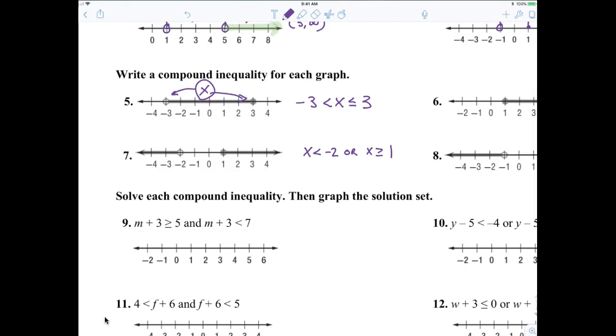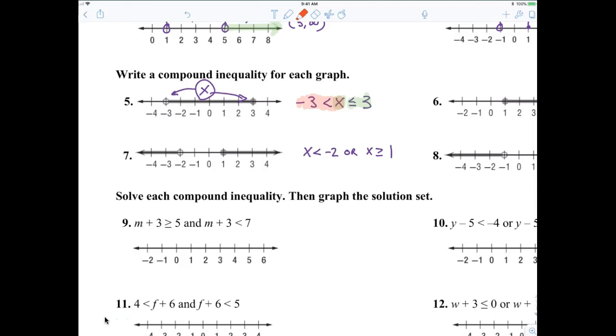So when you write it that way, and I'm reading it, I read the variable. That's what I was trying to teach you yesterday. Read the variable first. So this says x is less than or equal to 3. And then in terms of x, I read the other direction. So it is x is greater than -3. Now notice that's a less than sign, but I wasn't reading it from left to right.